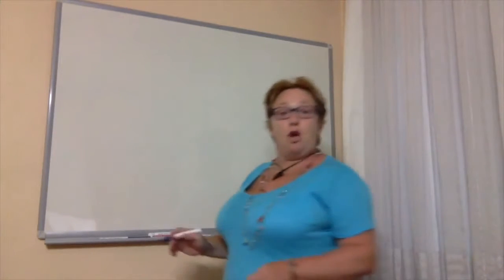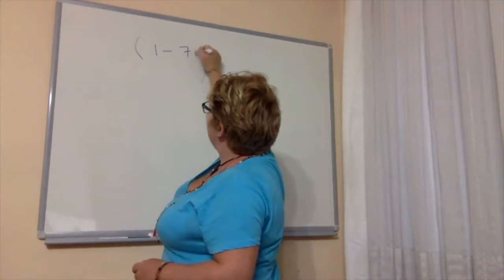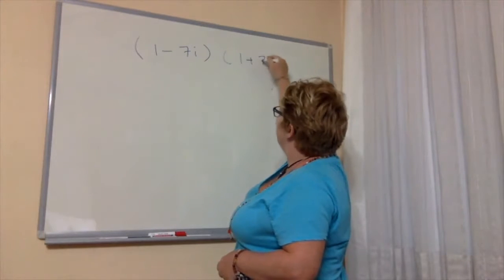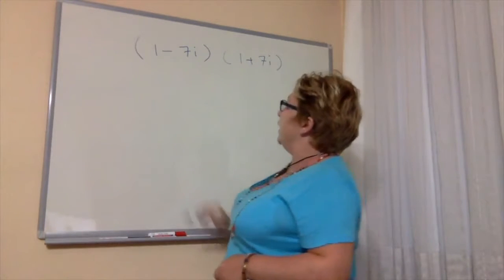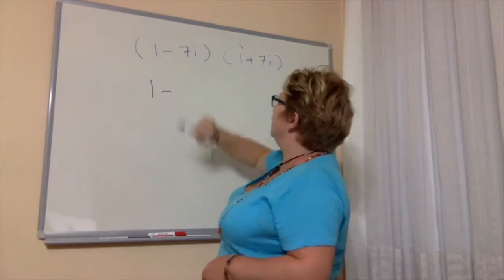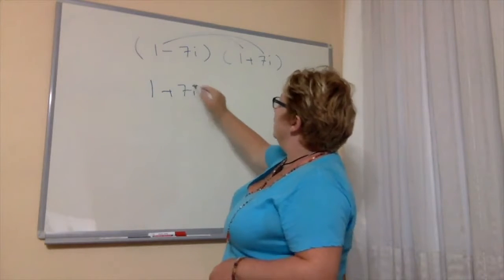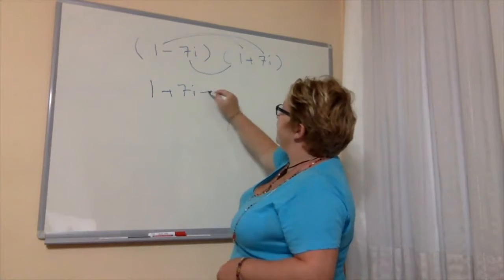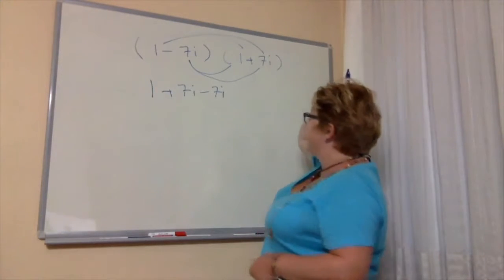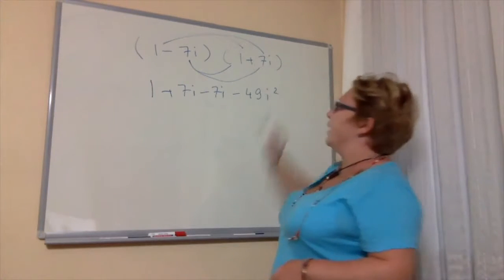Now let's do another multiplication problem. 1 minus 7i times 1 plus 7i. Okay? We can multiply this out as 1 times 1, 1 times 7i, and then minus 7i times 1 is minus 7i, and minus 7i times plus 7i is minus 49i squared.